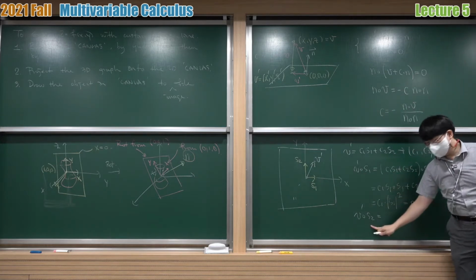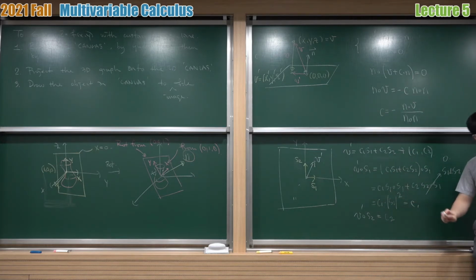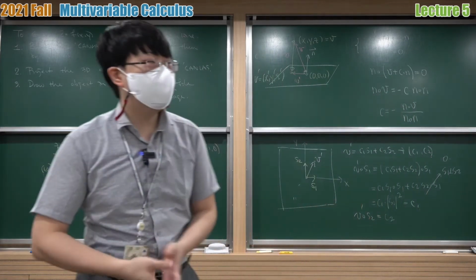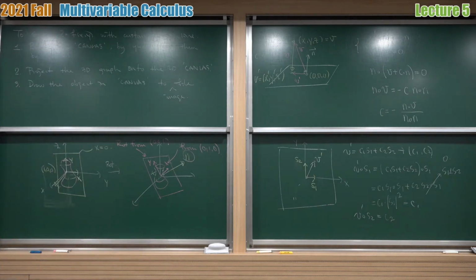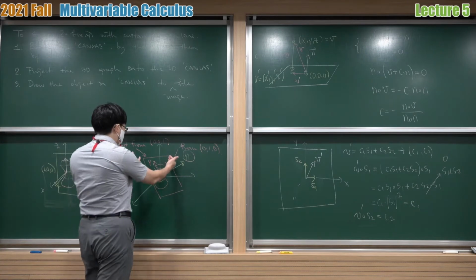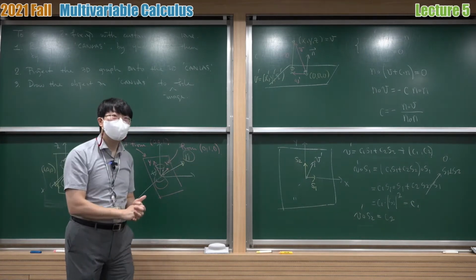When I take the inner product, this gets C2. So C1 and C2 become the coordinates inside of this 2D canvas, and we're done. If we can implement all of this algorithm in a computer program, then we can find out how this 3D object looks when I change my perspective.